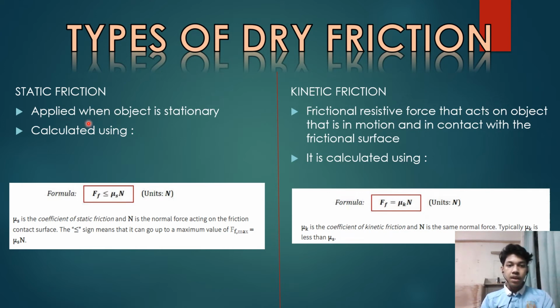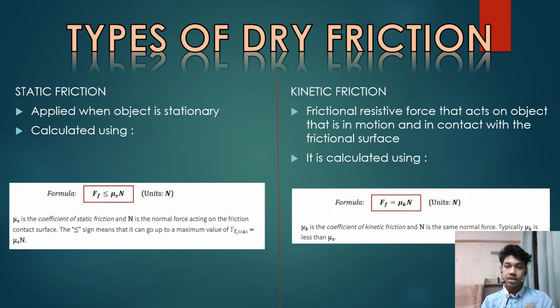Static friction is applied when the object is stationary, and it is calculated using this formula: the friction force must be less than or equal to the coefficient of static friction times the normal force, and the unit for this is Newton, which is a force unit. Then we have the second type of dry friction, which is kinetic friction.